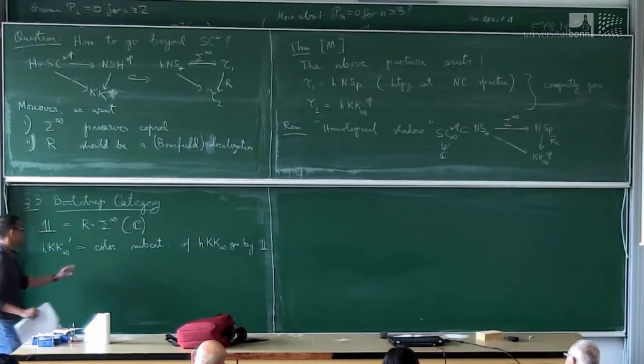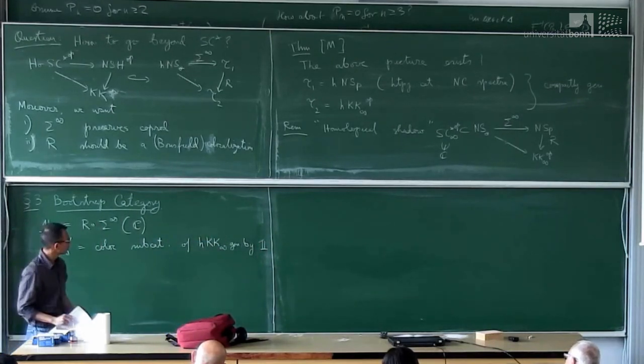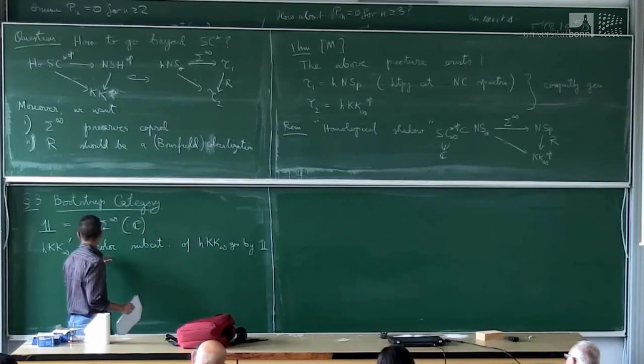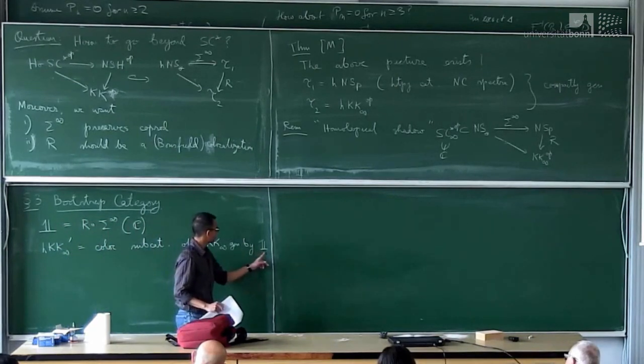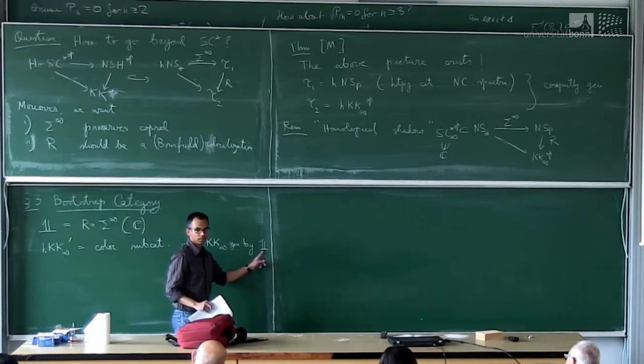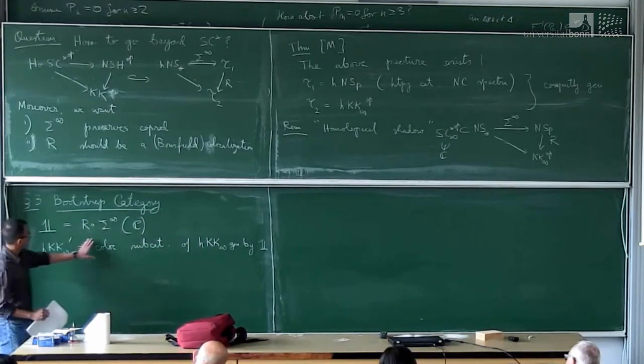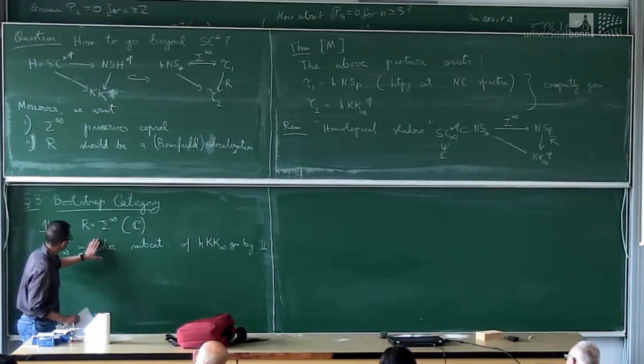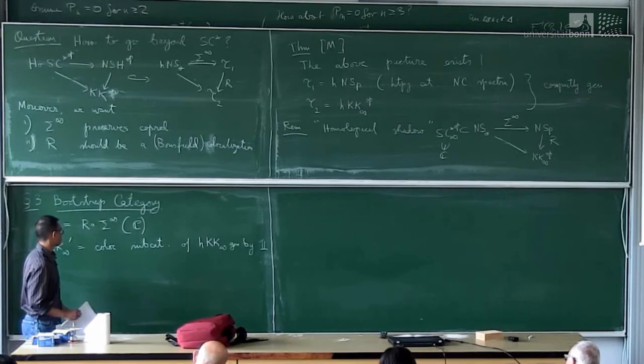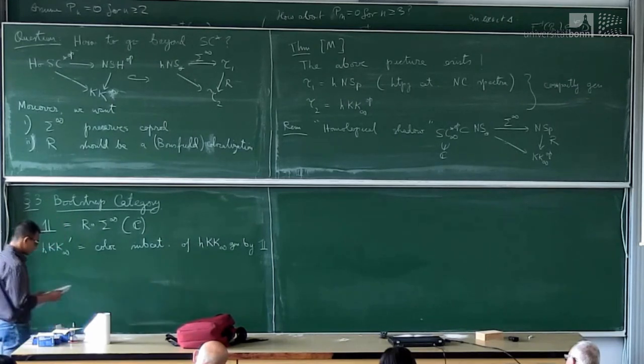Co-localizing subcategory just means that you start with this object, you perform all the basic constructions that you need to arrive at a triangulated category, so translations in both directions, mapping cones. But then you have to close it up under products. If you consider localizing subcategories, then you would need to close it up under coproducts. So that's the difference.